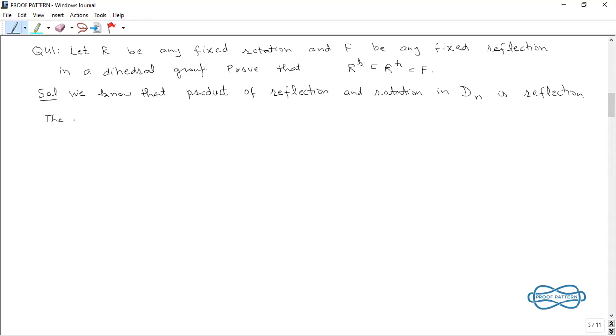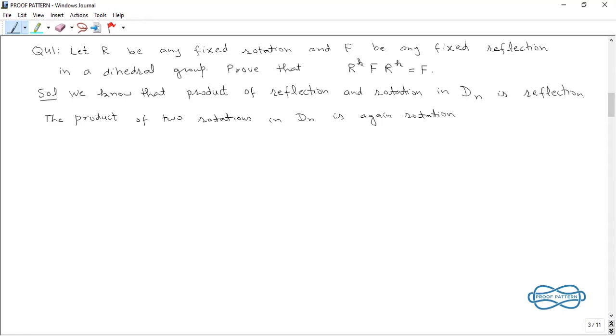And the product of two rotations in Dn is again a rotation. And also we know that the composition or product of two reflections is also a rotation, but we do not require this result here.